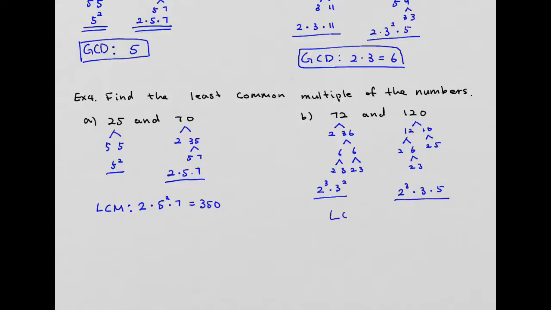So the least common multiple is going to be all the primes with the highest exponents. Both of them have cubes, so I will use the cube. I have 3 and 3 squared, so I will use 3 squared. And when I multiply that, I get 360.